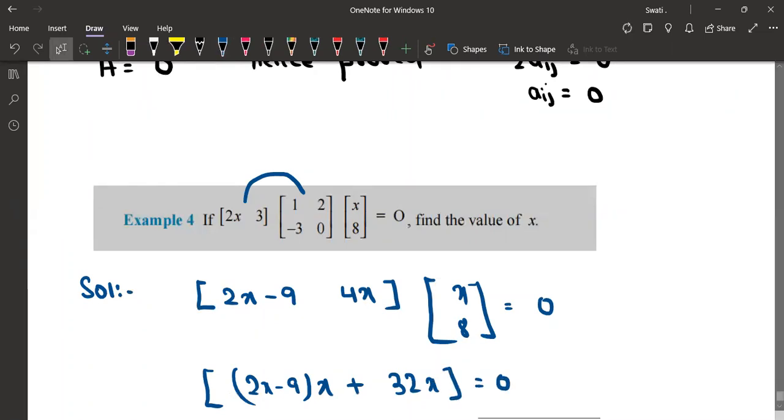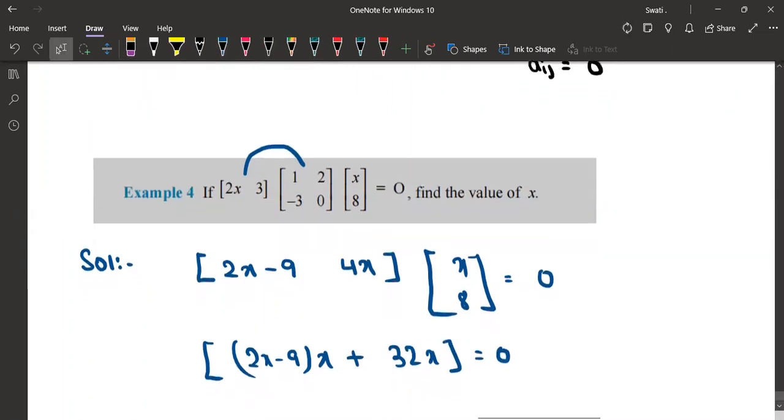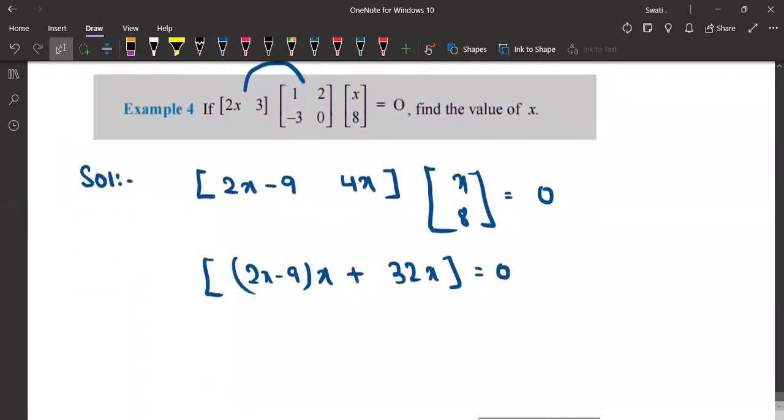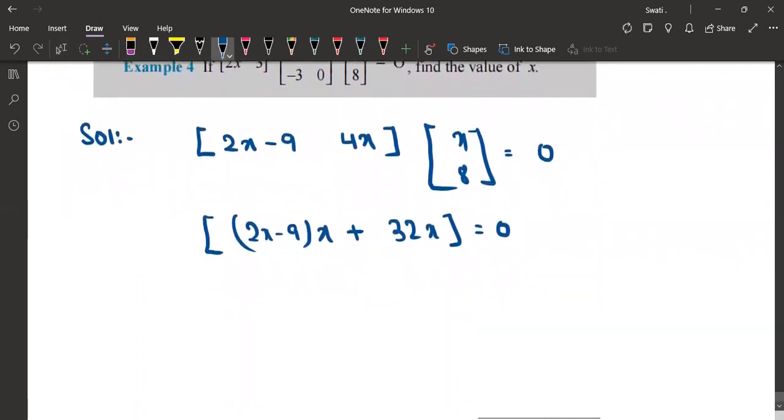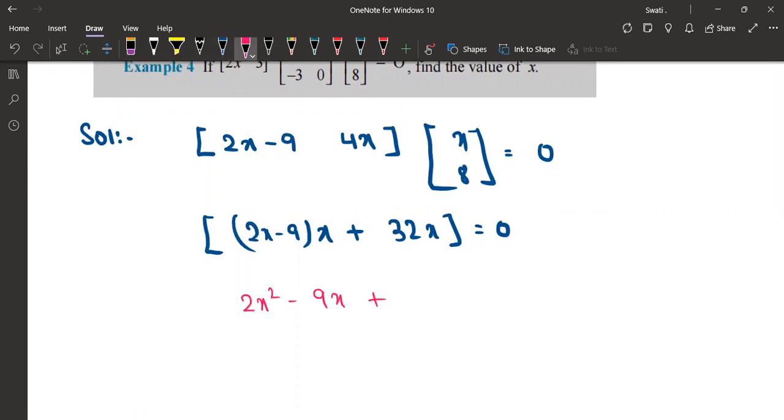Now we can remove this bracket and simply simplify it. 2x into x is 2x squared, minus 9 into x is minus 9x, plus 32x equals 0. Now 2x squared as it is, and 32 minus 9 is simply 23, so this will become plus 23x equals 0.